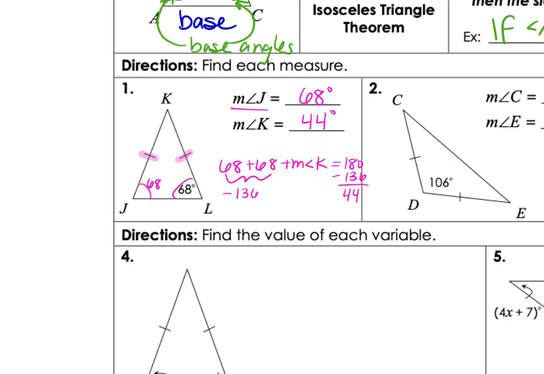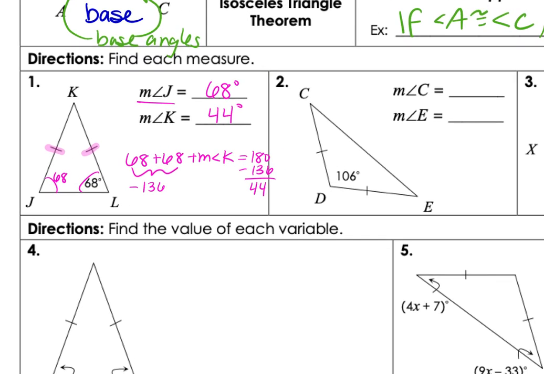On that one, they gave us a base angle. What did they give you on number 2? Yeah, name it. What's it called? The vertex angle. So if they gave you the vertex angle, you're missing the two that are congruent. Simon, can you subtract 106 from 180? Split it in half.